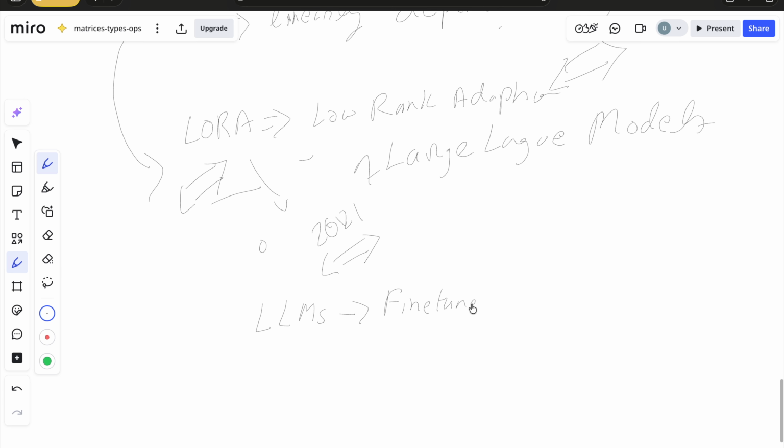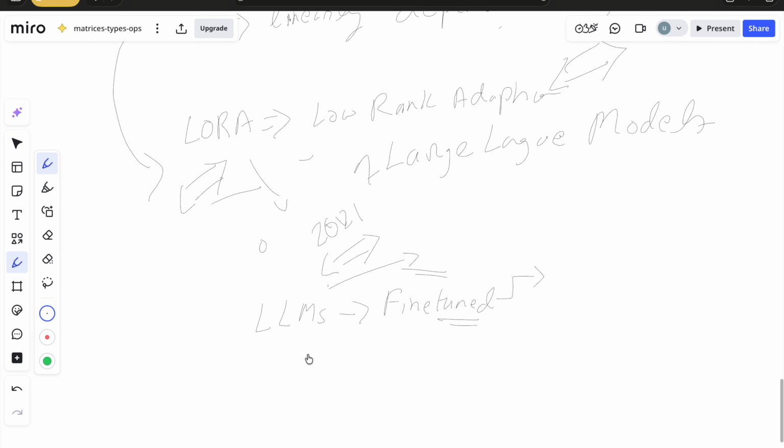What do you mean by fine tuned? Basically, in a single sentence, adapting to your own personal data. Let's say, for example, if you have a large language model and you want to fine tune it to your company's data, make it answer specifically according to your company's data, you can do that. That process is known as fine tuning.